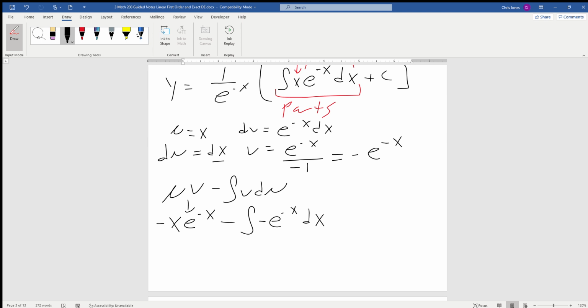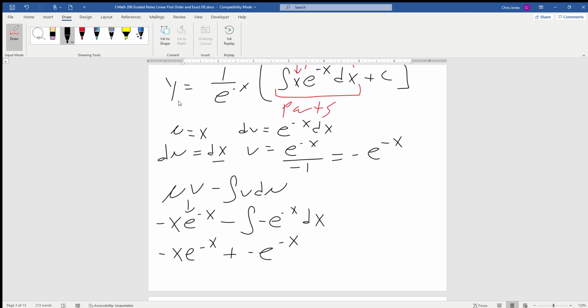Let's not worry about that until we're done. Now be careful with your signs. This just drops down. We have a negative and negative, which turns into a positive. However, when you take the antiderivative of e to the negative x, that's -e to the minus x. So it's actually three negatives going on in there. Be very careful with your signs when you're doing this.